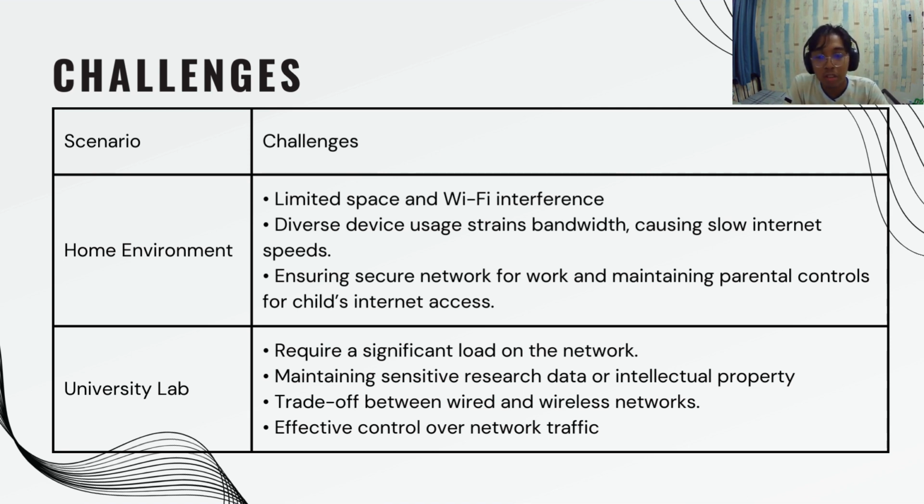Without effective traffic control mechanisms, network congestion can occur, leading to performance issues and delays in critical tasks. Implementing quality of service, QoS, measures and traffic management strategies helps maintain optimal network performance and ensure that important research activities receive the necessary bandwidth.